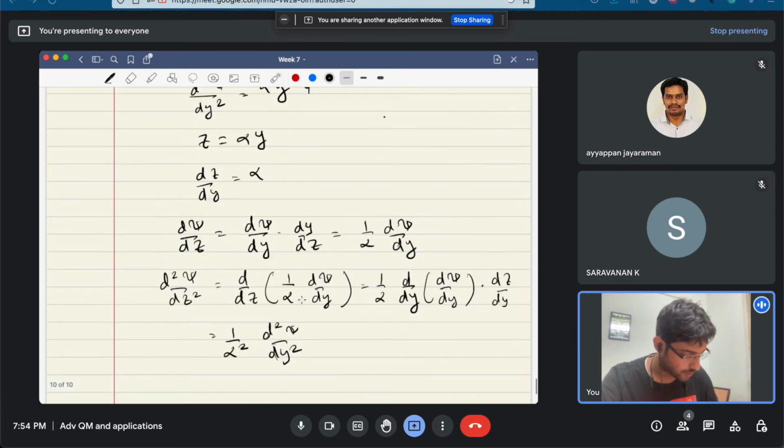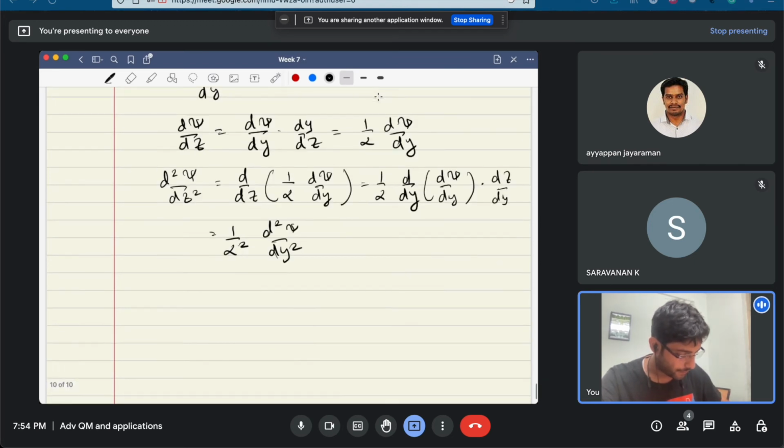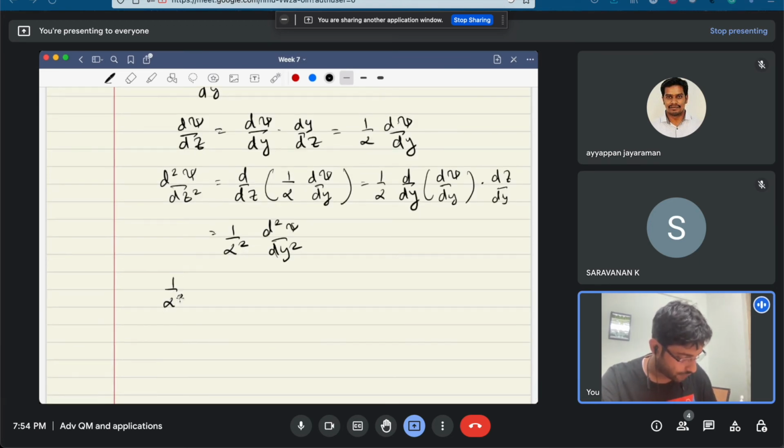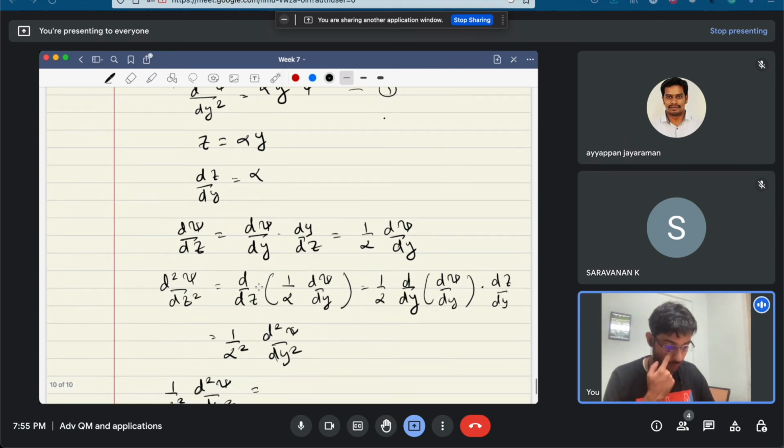And you just substitute into the equation 1. So what you get is 1 by alpha square d square psi by dy square, and on the other side we have alpha cube y psi, so alpha y is z.